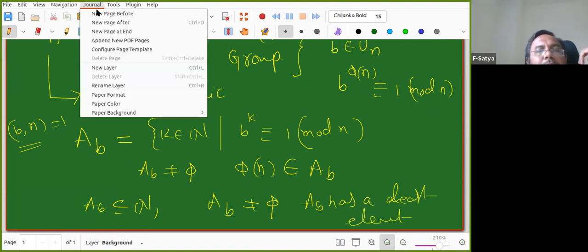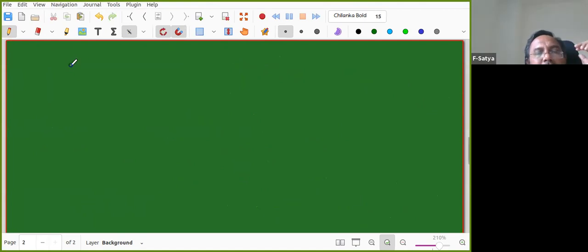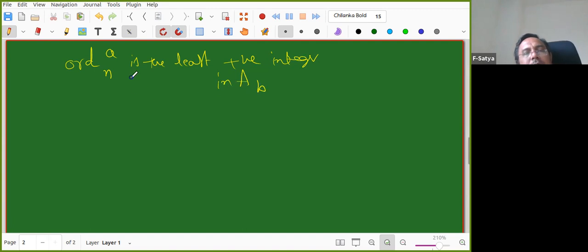That least element we call the order of b modulo n, the least positive integer in A_b. Since it is unique, this is the notation for it. Can somebody tell me what we can say about this number and phi(n), any relation between these two?